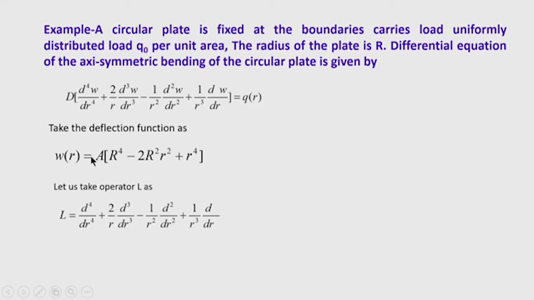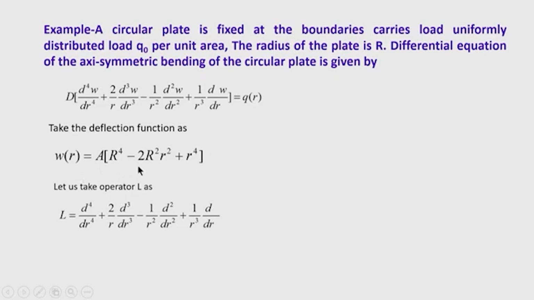Again, if you differentiate it and then substitute small r equal to capital R, that is at the edges, the slope will be 0. So, two conditions are satisfied easily. Therefore, this function can represent the deflected surface of the circular plate clamped along the boundaries.